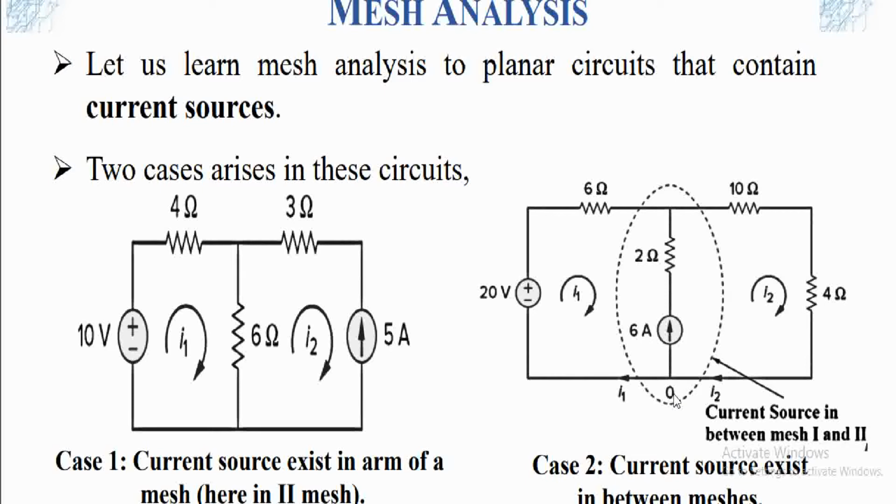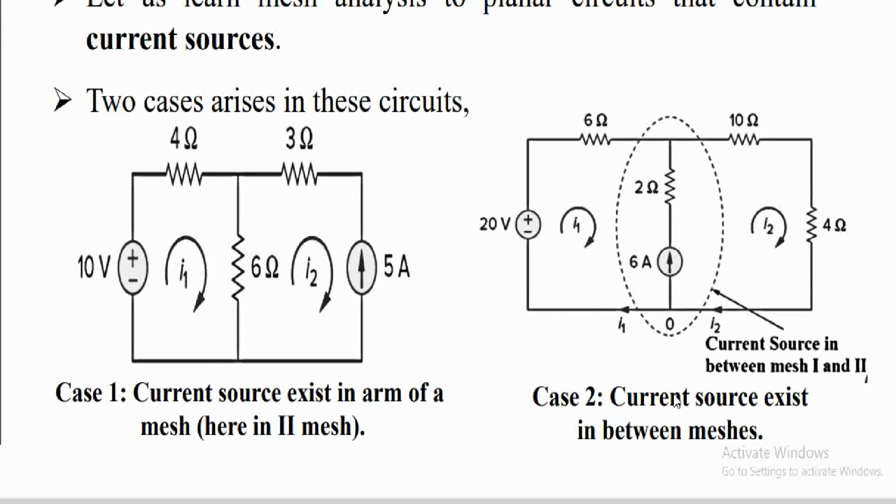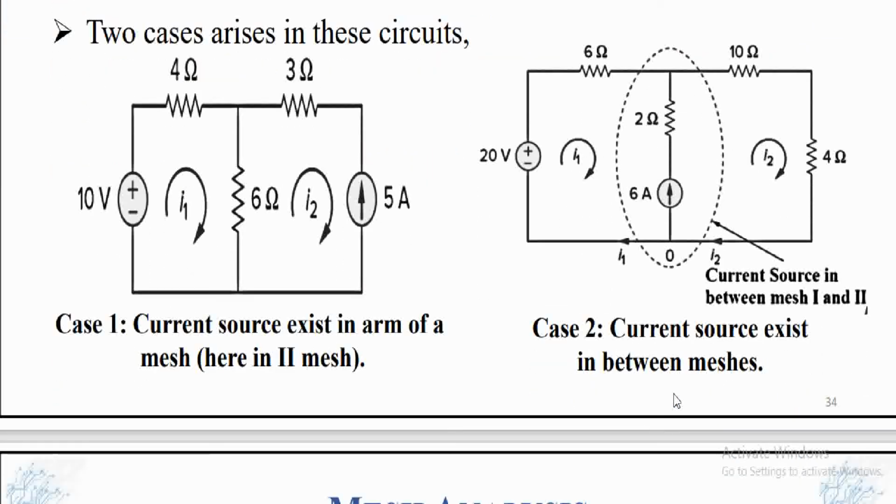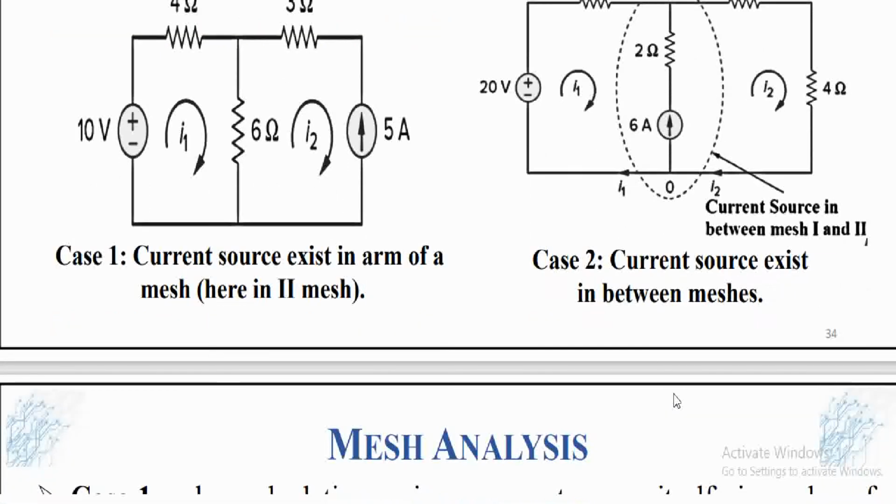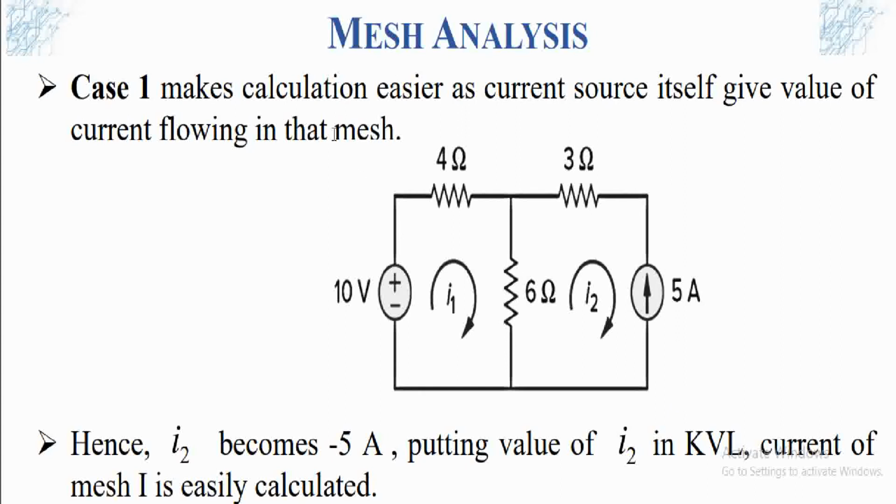How? Let us see case 1, where the current source exists in an arm of a mesh, that is, in the second mesh. This case makes the calculation easier, as the current source itself gives the value of the current flowing in the mesh.